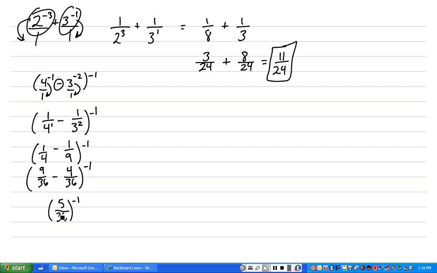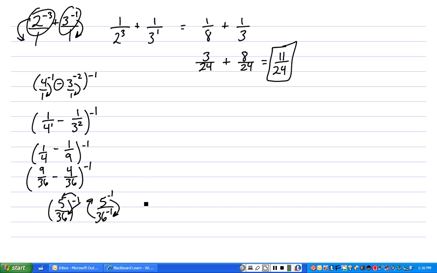Now that I've gotten rid of the subtraction, it's just a single quotient. Now it's a division problem. I can distribute my negative 1. So what this is really saying now is 5 to the negative 1 over 36 to the negative 1. And we said we adjust the positioning to change the exponents from negative to positive.